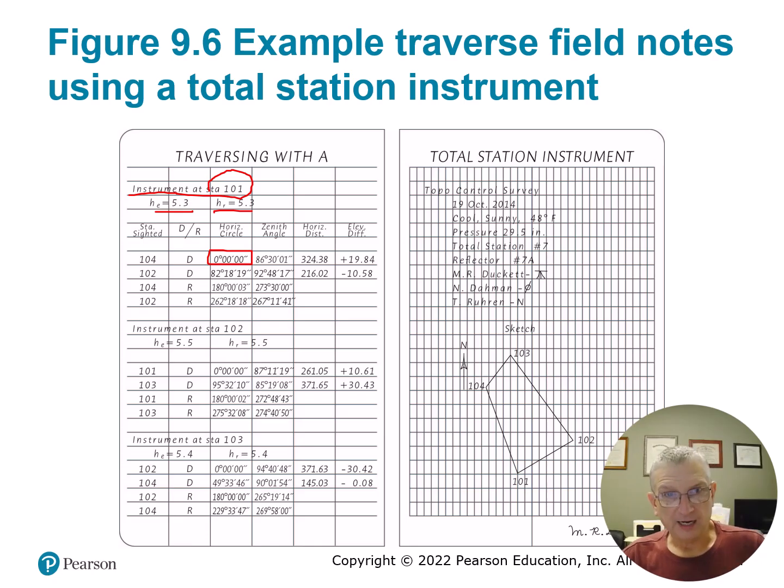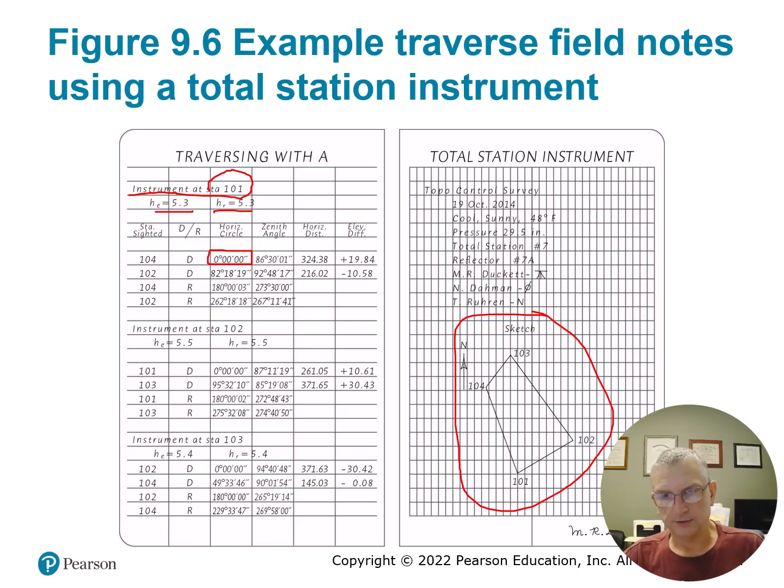So that, I typically would say instrument at 2, that's the first place I set up, and back sight 1, which is the first place that I back sight, and then my next point ahead is 3. Then I move up and occupy 3, back sight 2, foresight 4, etc. And it tends to make sense. And you can kind of see over here, he's got a sketch on the right side. This is the sort of sketch that we're looking at, just to give us some relevance.